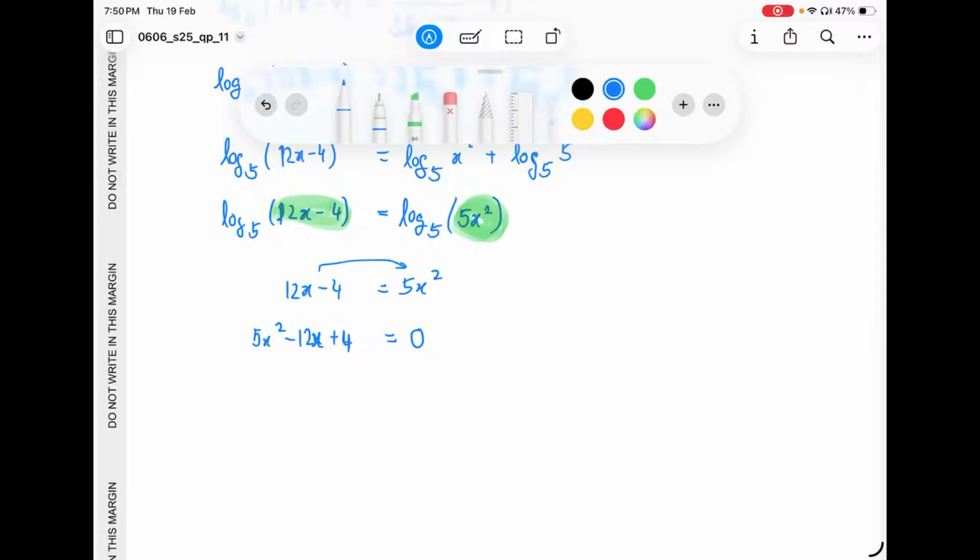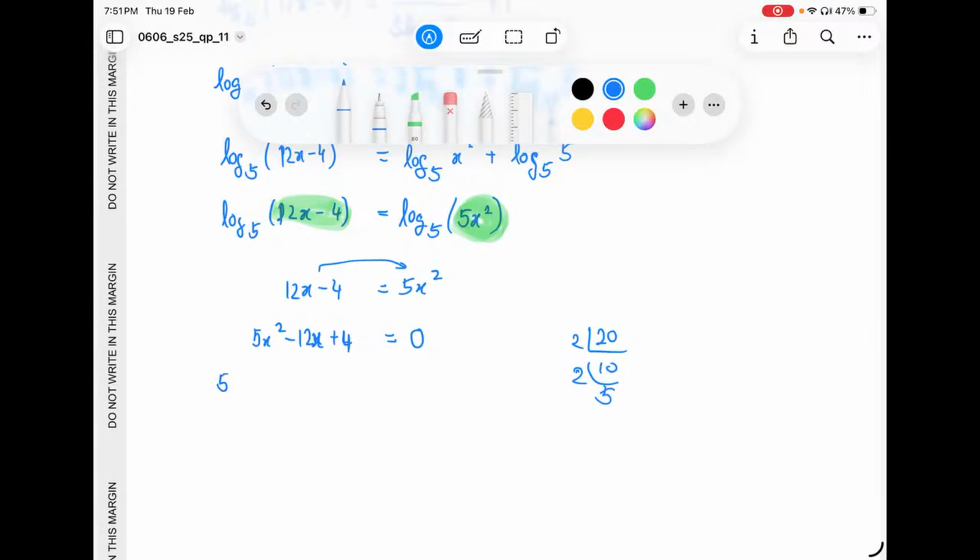Now you need to show how you are going to factorize this. You can see you can make the factorization work like this. So 5 times 4, you can take it as 20, so 10 and 2. I'm just doing the prime factorization for now. You need to make sure that negative 12 is within these factors.